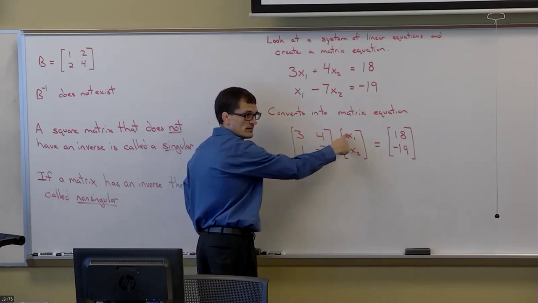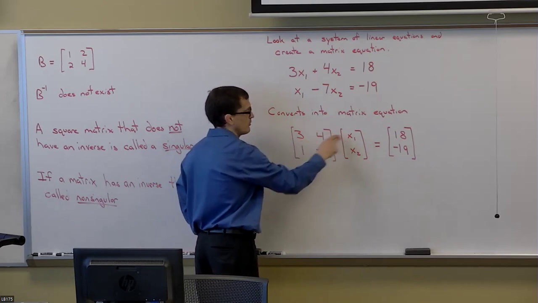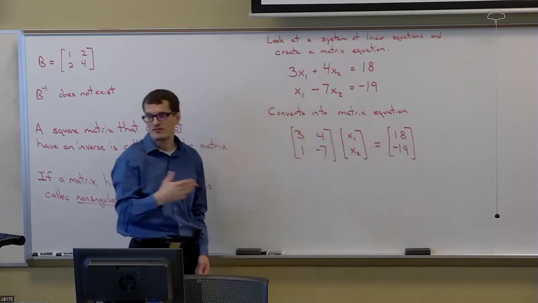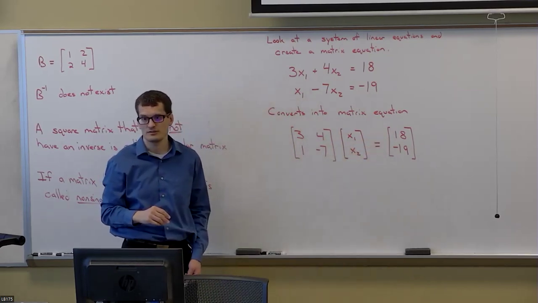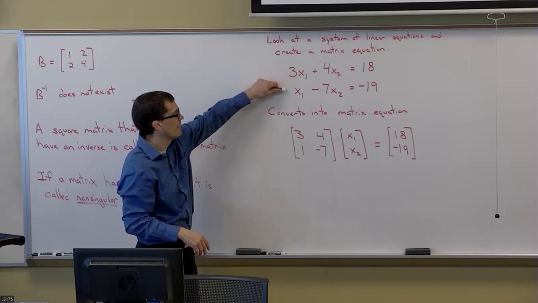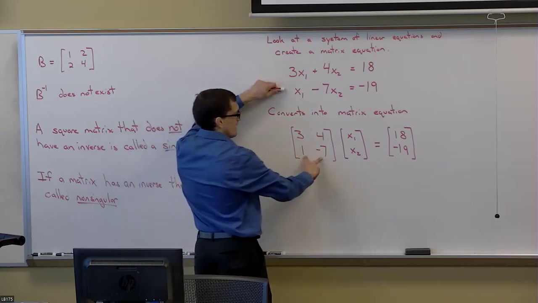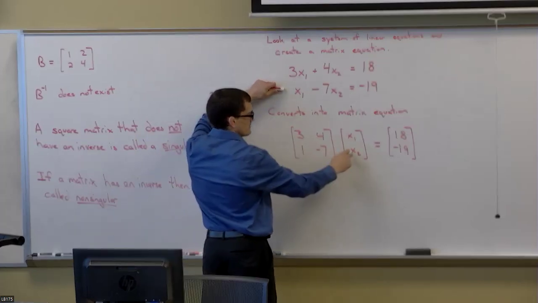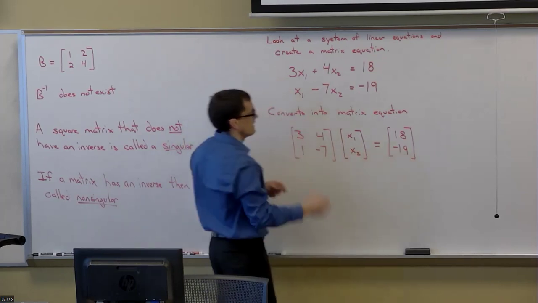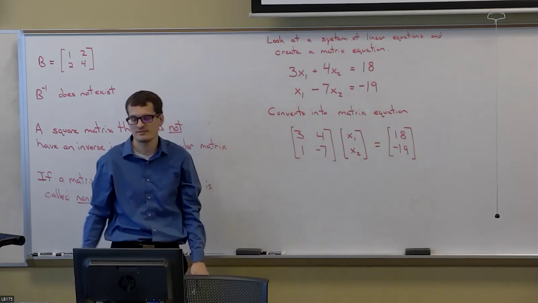So I get 3 times x1 plus 4 times x2 is equal to 18. That's exactly what my first line is. And then 1 x1 minus 7x2 is equal to -19. That's exactly what my second entry is.